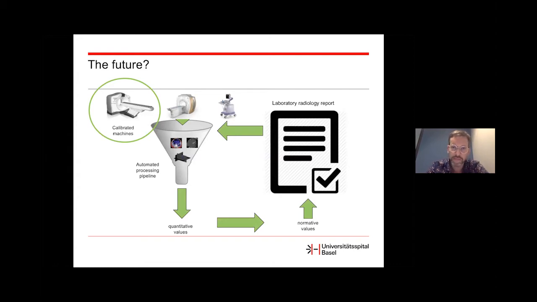And so this would be a cycle that we're thinking of, and it really has these critical steps: calibration, automation, extraction of quantitative values. And then you can create a quantitative data cycle that also improves the way you generate images, and of course gives you a rich data set for analysis.